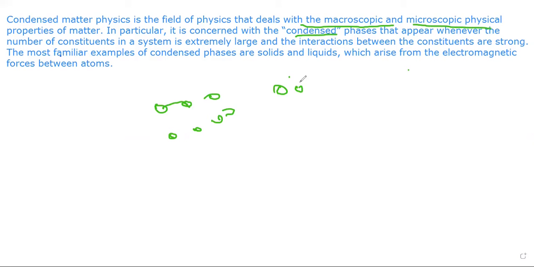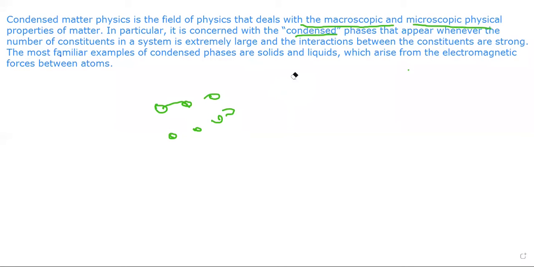And the force of interaction is of electromagnetic type. So this is the basic definition of condensed matter physics, and this definition clearly says what we are going to study or understand in this course.